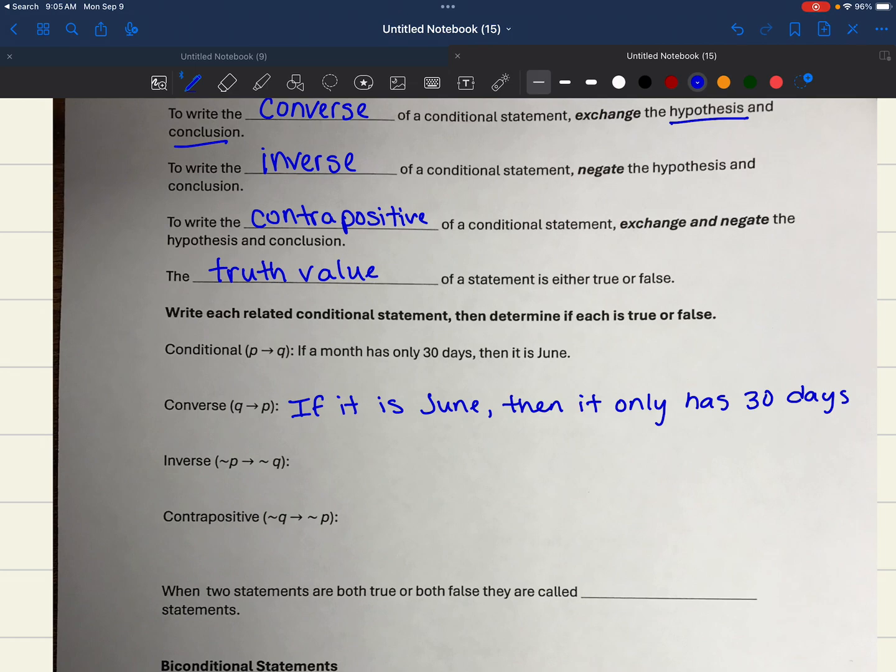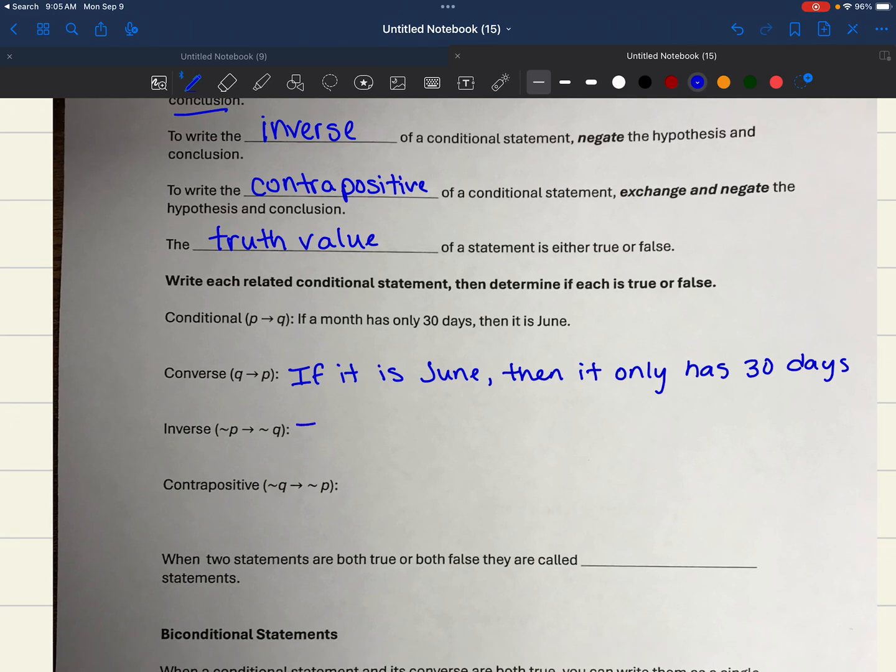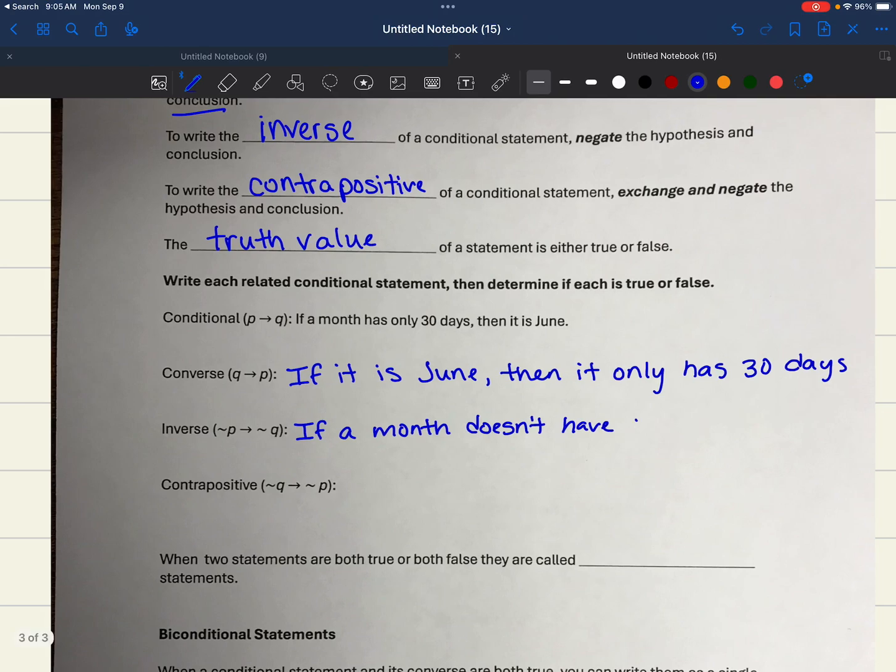So how would I rewrite it, changing those both to their opposite? If a month doesn't have 30 days, then it is not in June.